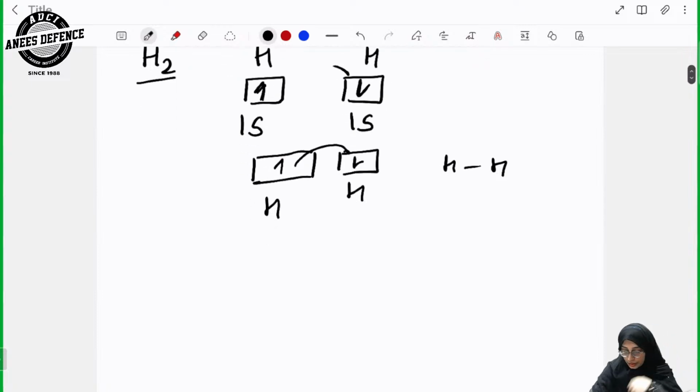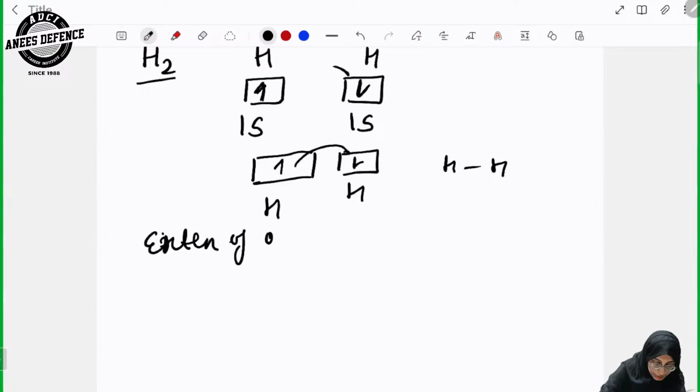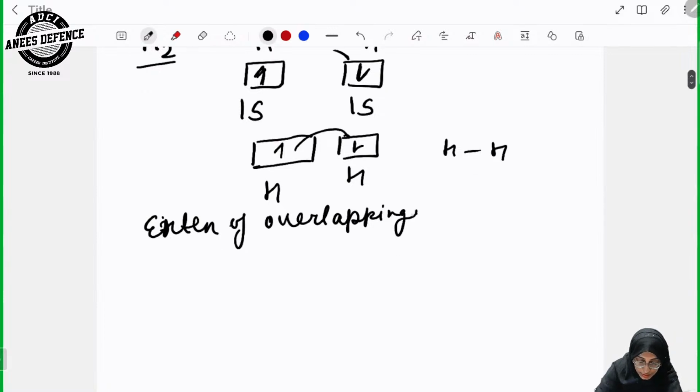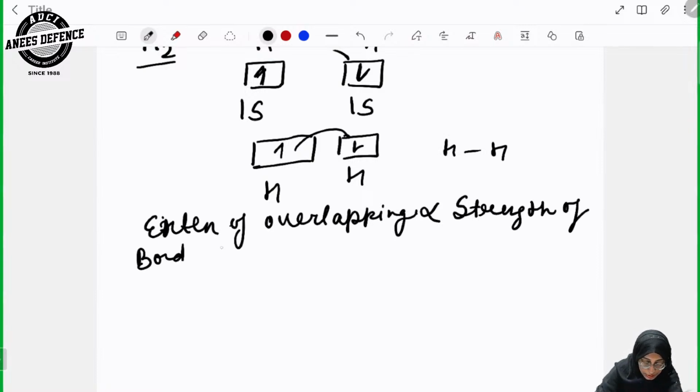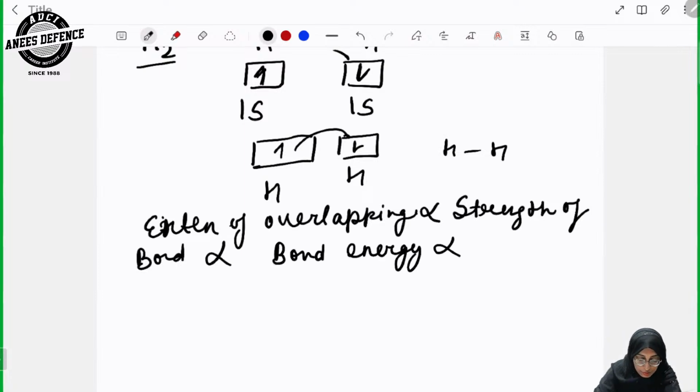So we can say like this, extent of overlapping is proportional to the strength of the bond, proportional to the bond energy, inversely proportional to the bond length.